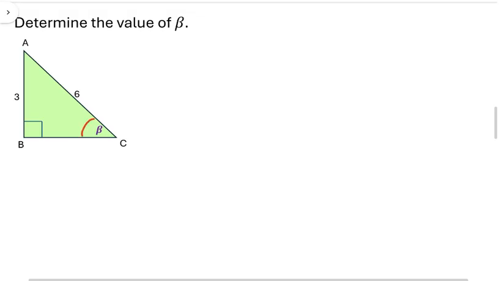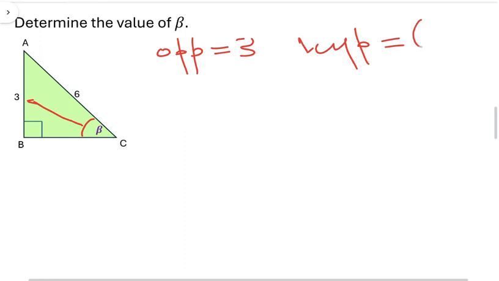Since they are looking for that angle, I ask what I have in relation to that angle. I have the opposite, and the opposite is 3. And then I have the hypotenuse, and the hypotenuse is 6.